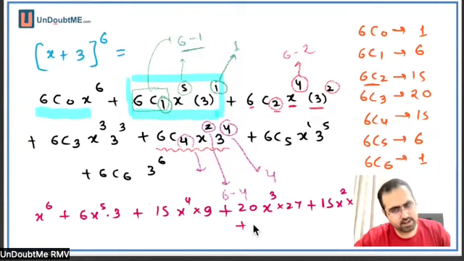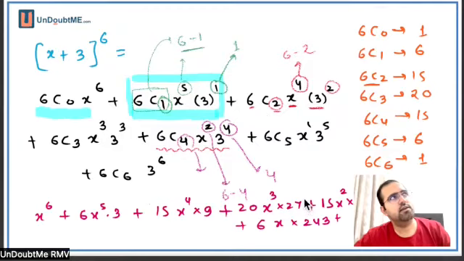Then I have 6 times 3 to the power 5, which is 243, and then finally I have 6C6, which is 1. 243 times 3 will be 729. Right here, 729.